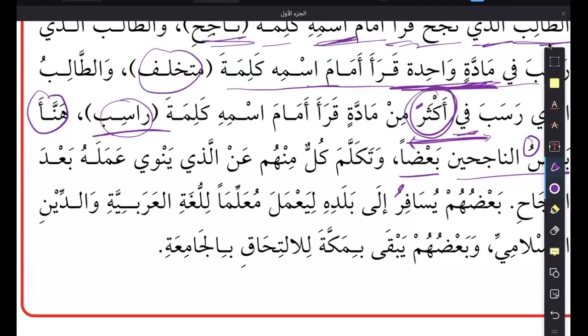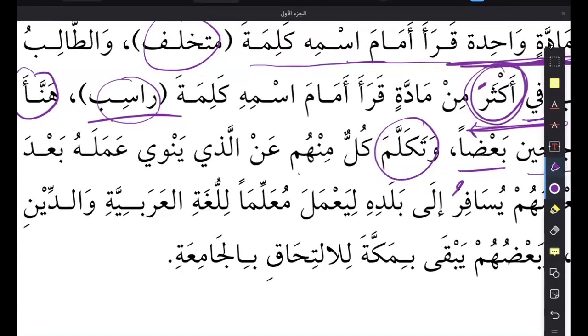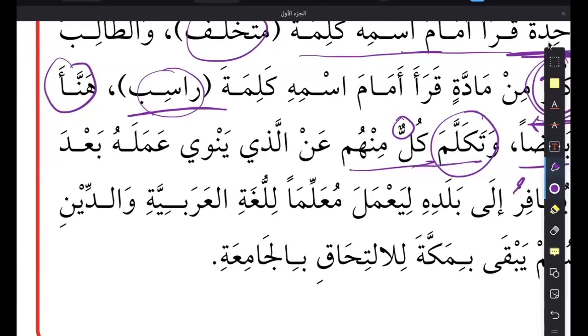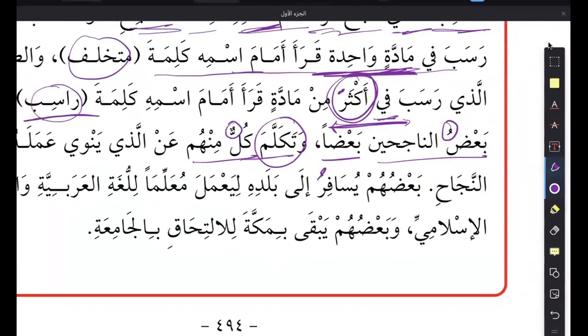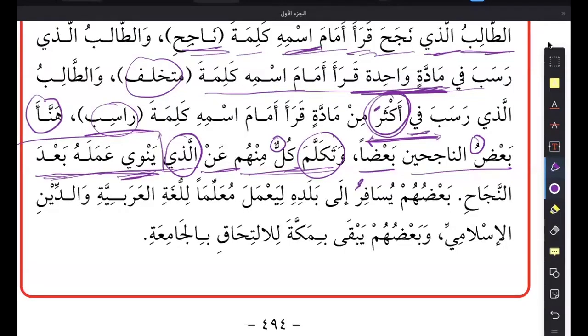Now it says, وَتَكَلَّمَ كُلٌّ مِّنْهُمْ. تَكَلَّمَ is a verb, to speak. All of them, again this one is a doer, كُلٌّ مِّنْهُمْ, every one of them, they're talking عن الذي ينوي عمله بعد النجاح, about what he intends after their success.